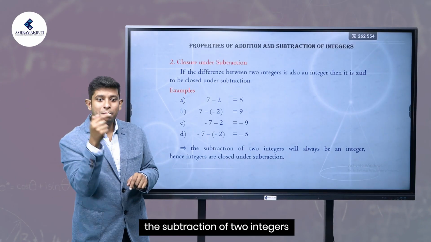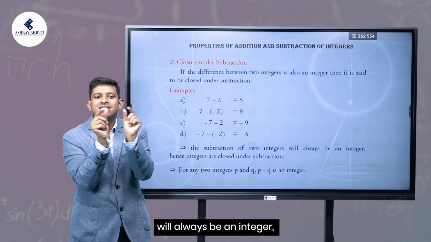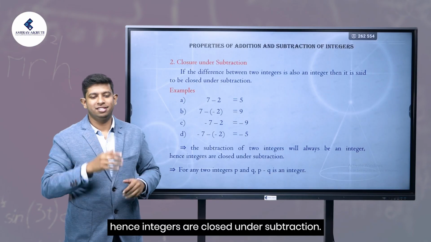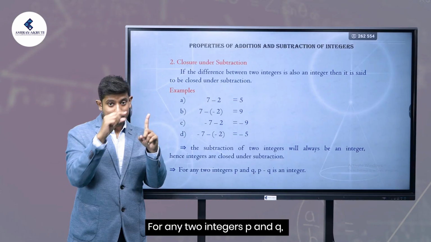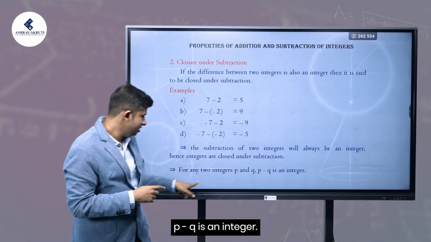As you can see, the subtraction of two integers will always be an integer. Hence, integers are closed under subtraction. For any two integers p and q, p minus q is an integer.